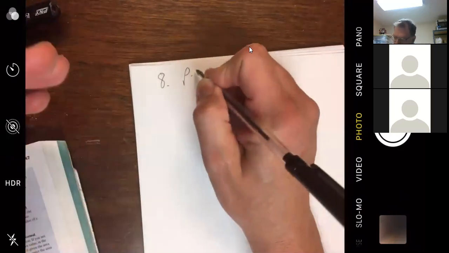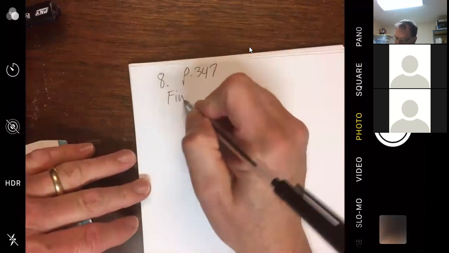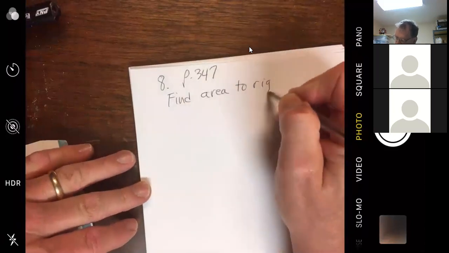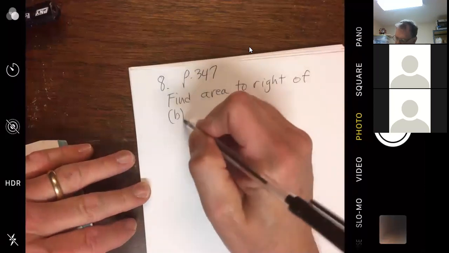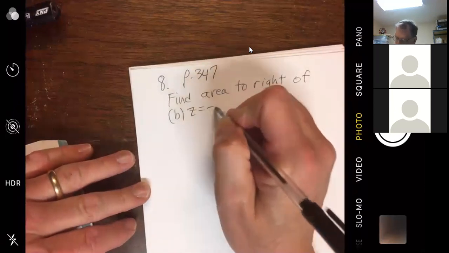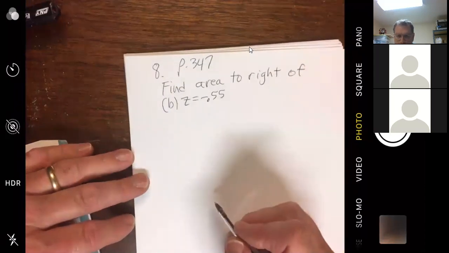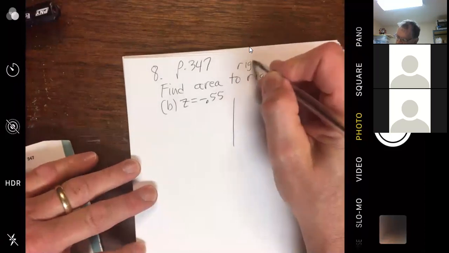Look at problem 8, page 347. Find area to the right of values B, Z equals negative 0.55. I call this the right side trick.